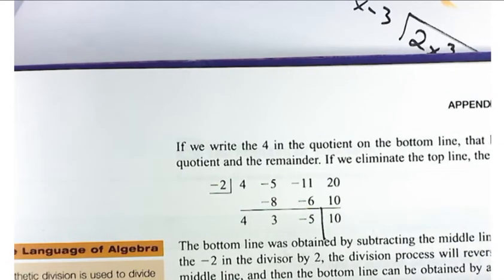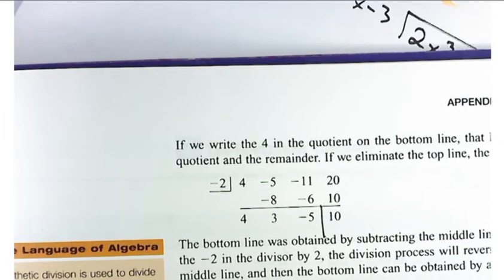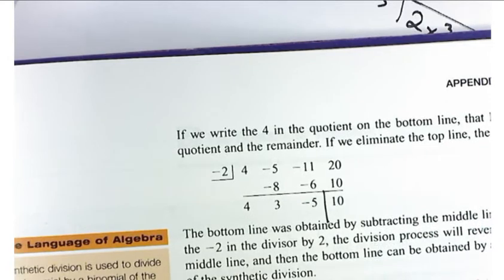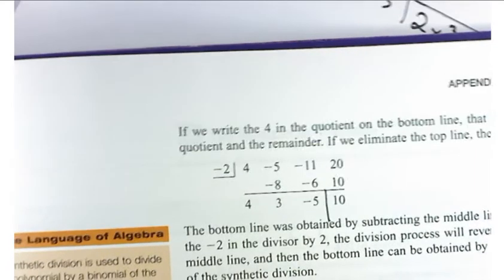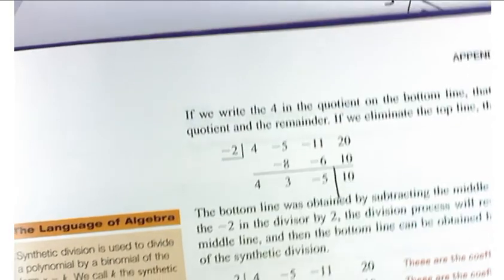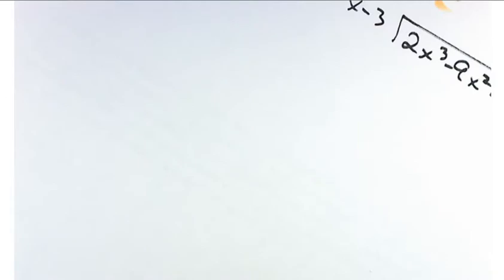So let me explain how this all works, what you're doing when you're doing a synthetic division problem. We'll do that in particular with problem number 20, a friendly start to these problems.